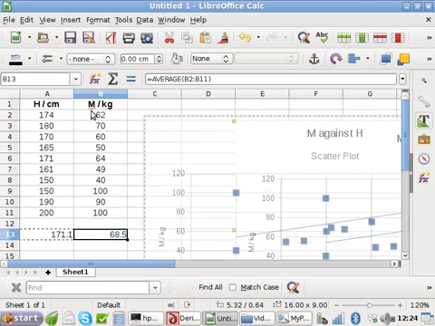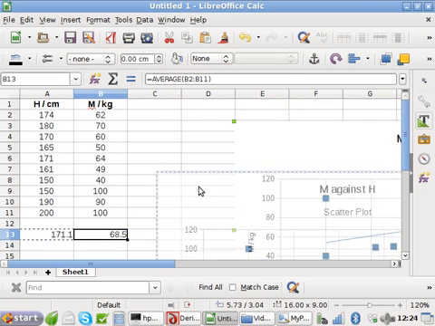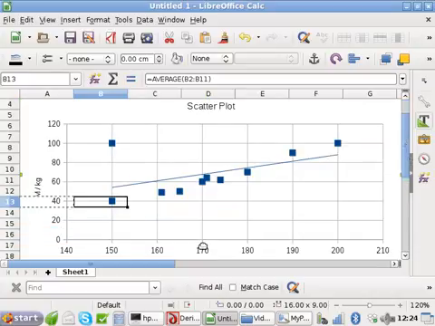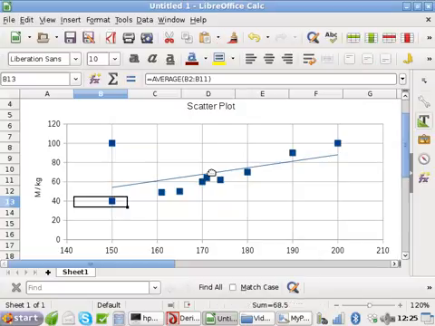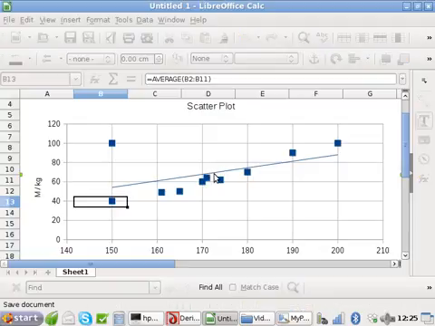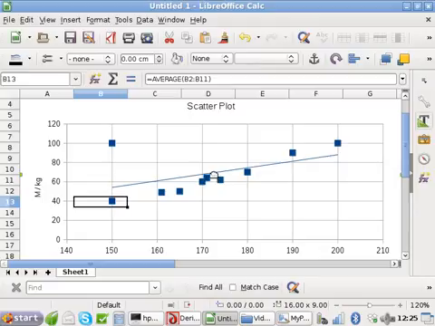Your averages are 171 and 69 about. If you go down here, 171 and 69, it's around about here. It's not drawn on the graph, but you always make sure your line goes through the average. That is very important. So in the exam, when you make this graph, I would check that you drew your line going through the average.